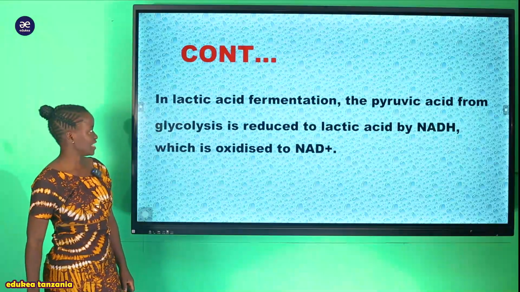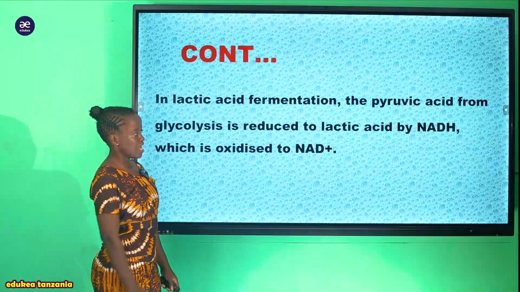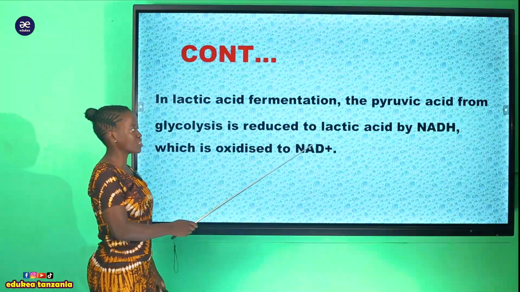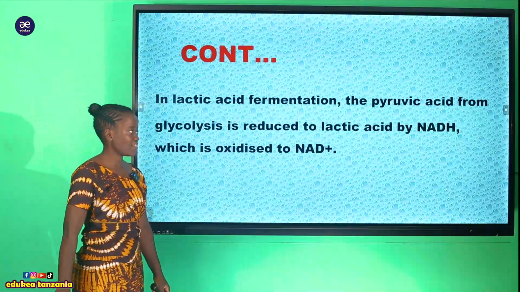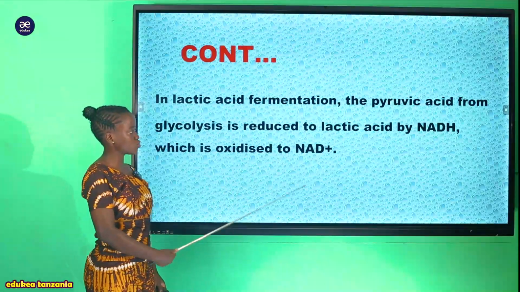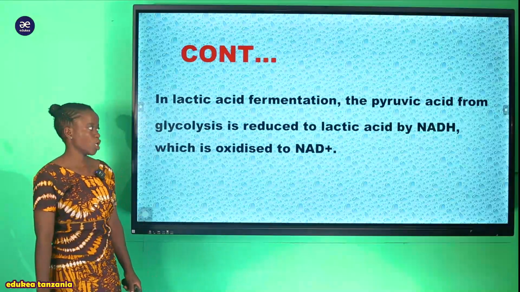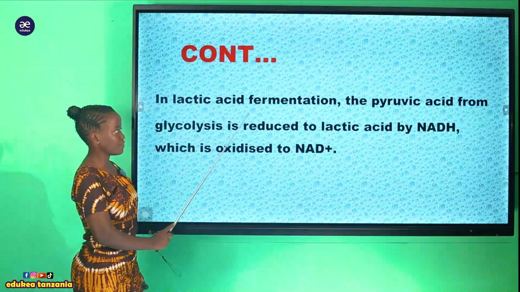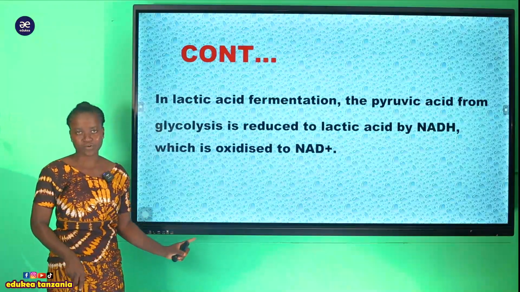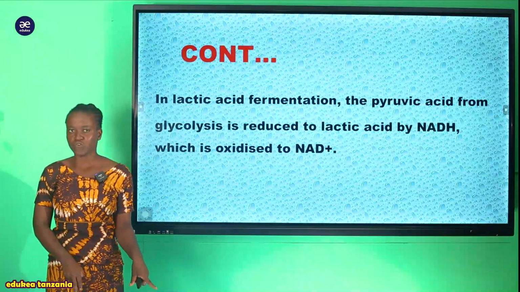We can say that in lactic acid fermentation, the pyruvic acid from the glycolysis is reduced to lactic acid by the NADH, which is oxidized to NAD positive. So hii lactic acid fermentation tunatumia ile pyruvic acid ambayo tumeitoa kule kwenye glycolysis, tumesema under absence of oxygen.